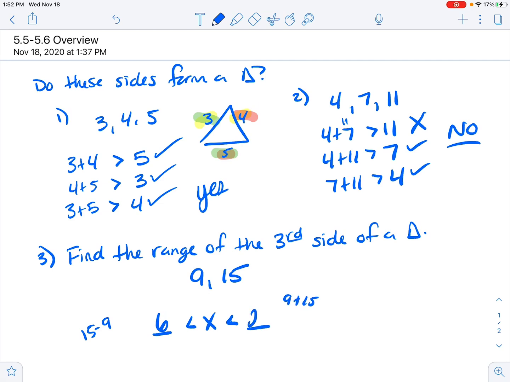Okay, and fill that in. So for this example, if one side's 9 and one side's 15, x could be anything that's bigger than 6 and smaller than 24 to make a triangle. So subtract to get the smallest, add to get the biggest.